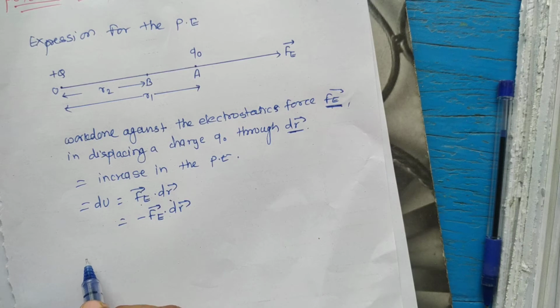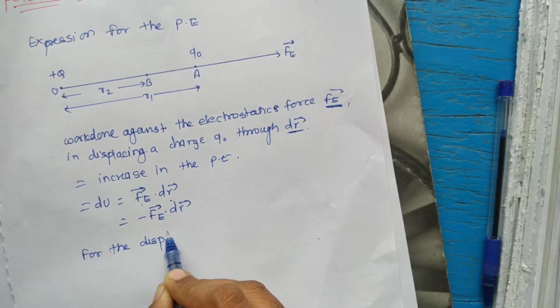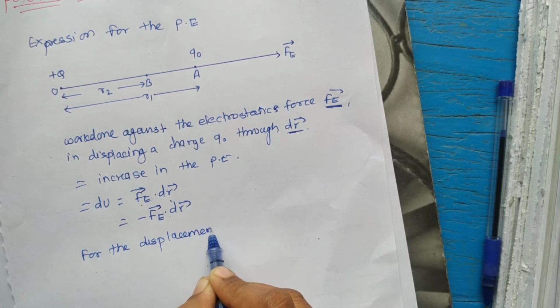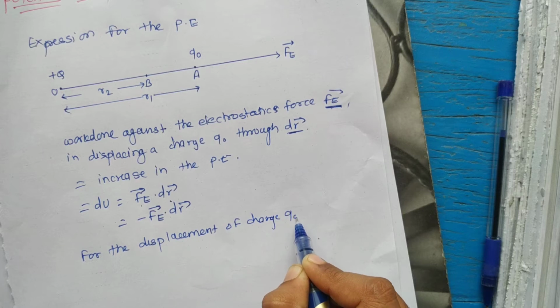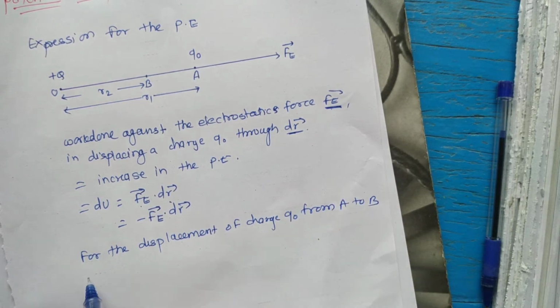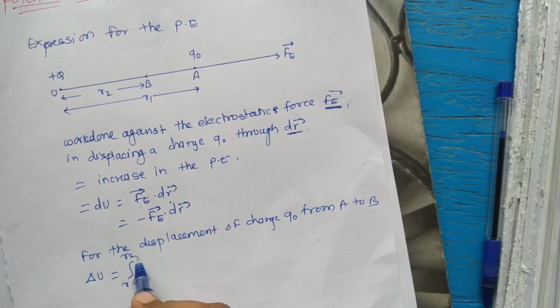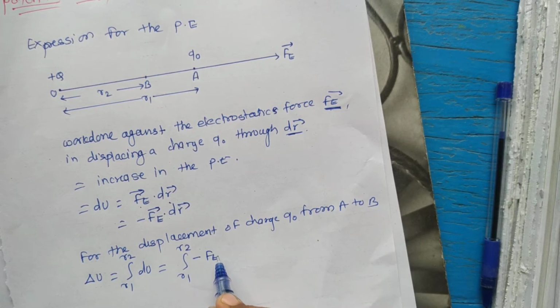For the displacement of charge Q naught from point A to point B, the work done or increase in the potential energy is given by delta U equals integration from R1 to R2 of dU, that is integration from R1 to R2 of minus Fe bar dot dr bar.